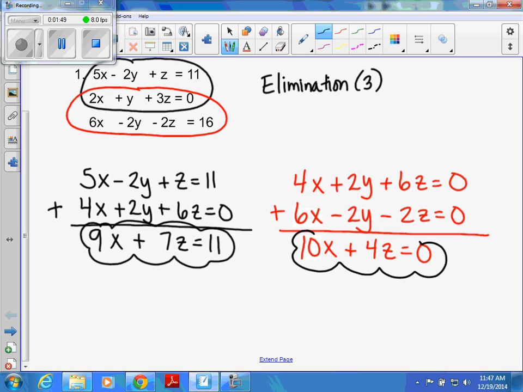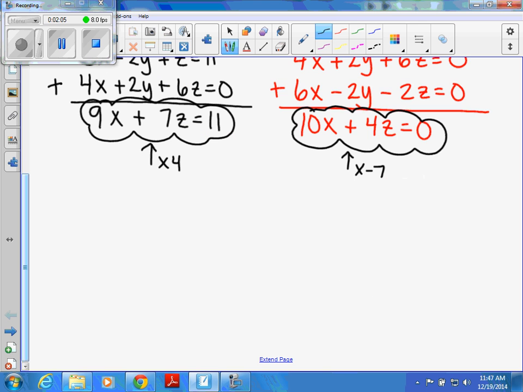I need to eliminate another letter, and I'm going to eliminate my z's. So I'm going to multiply this one by 4, and I'm going to multiply this one by -7, so that I have a 28 in front of my z's so that they cancel out. So I'm going to have a 36x plus 28z equals 44.